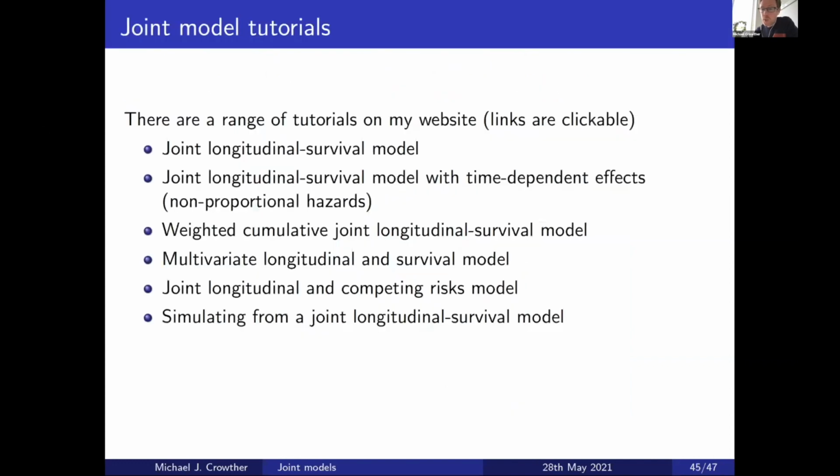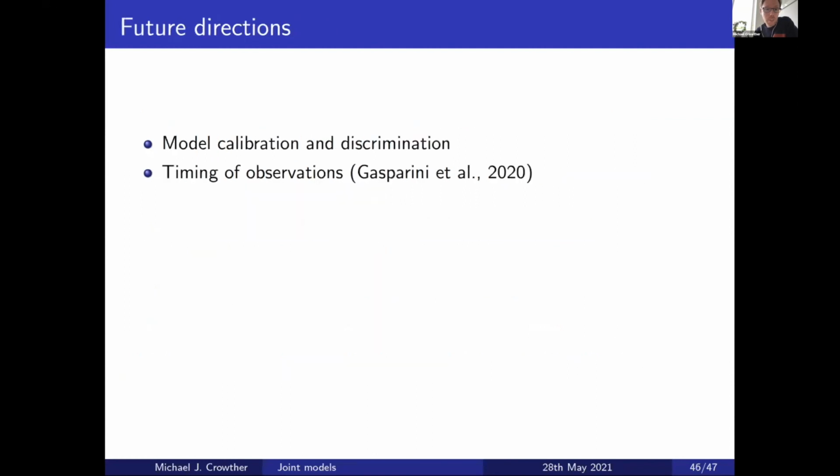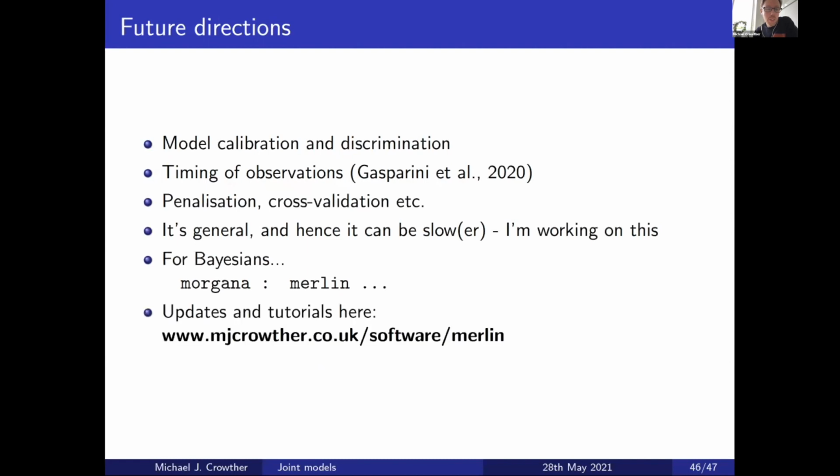Lots more tutorials on my website, looking at the more simple examples. These are all the ones within the joint model framework. There's also lots more about recurrent events, joint frailty models, multi-state models as well. Lots of future stuff, which I don't have time to mention. There is a bit of Bayesian stuff coming. We can do a wrapper command called Morgana.